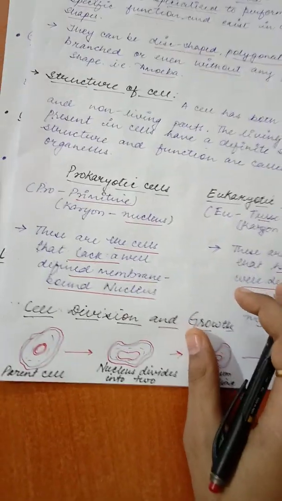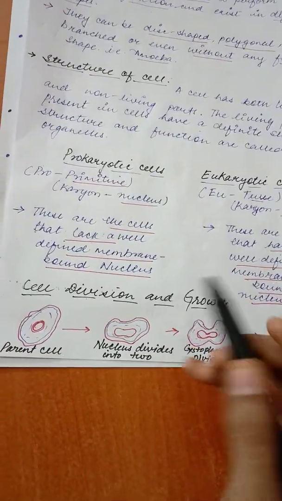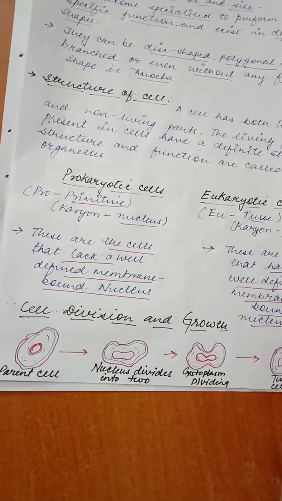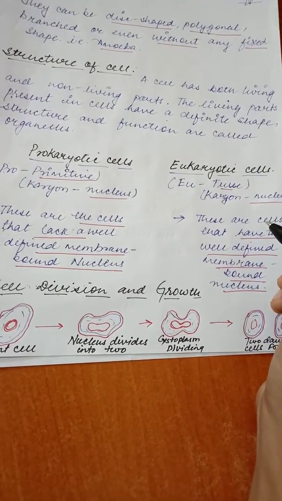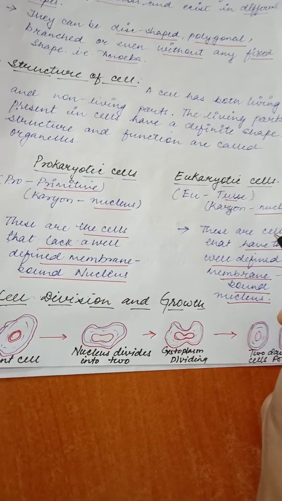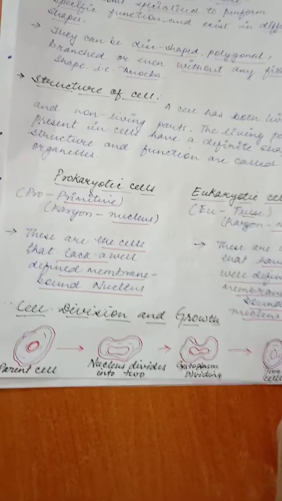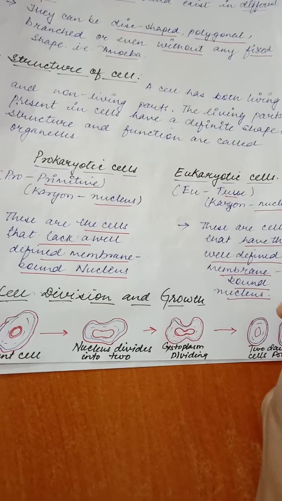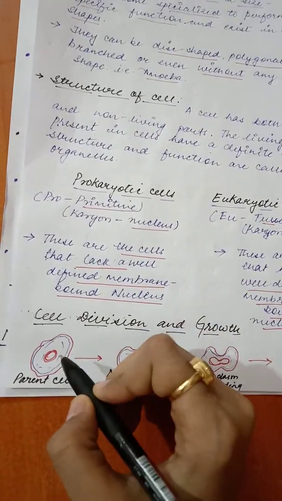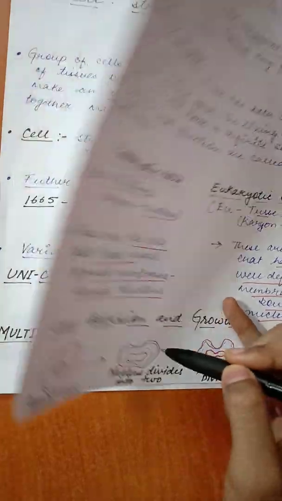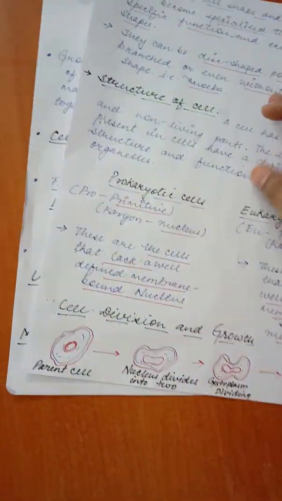Then we'll further discuss cell division and growth. See, a cell goes through the ingestive and digestive steps, and then grows to a particular, specific size. After growing to a specific size, it starts dividing. The nucleus of the parent cell starts dividing into two, right?